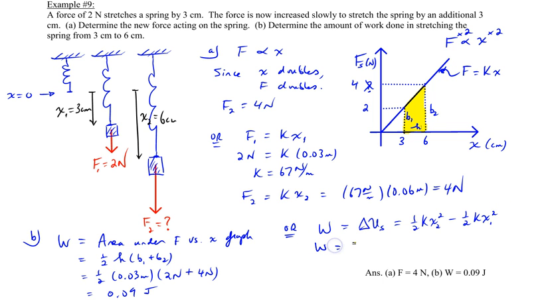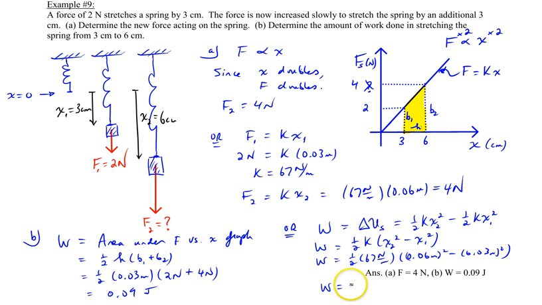You could use that approach, or you could factor out 1/2 k and write x sub 2 squared minus x sub 1 squared. Substituting in your spring constant and your initial and final positions, you'll get an answer that should be around 0.09 joules. So there are lots of ways of doing this. Okay, and that's it for example number 9.